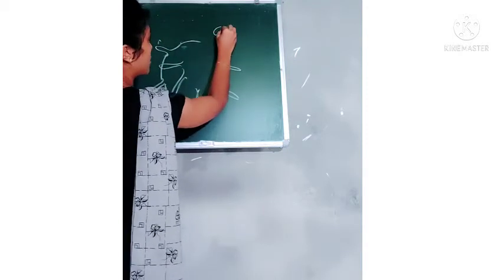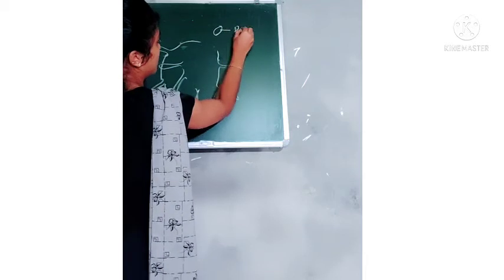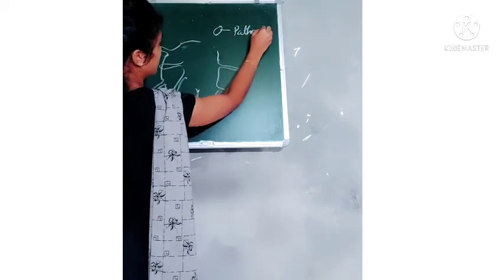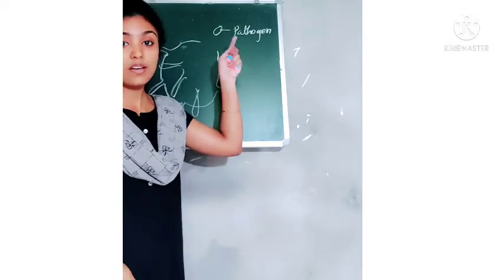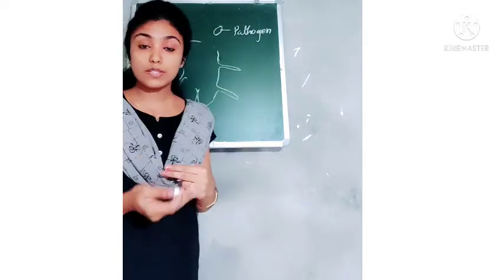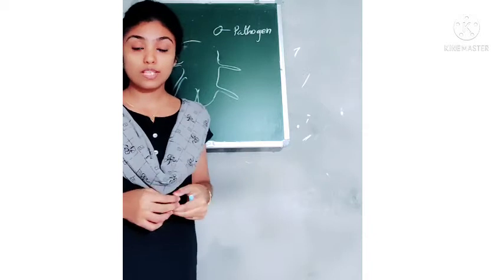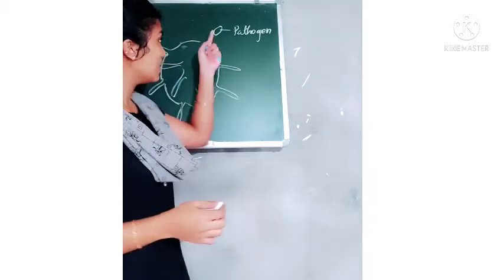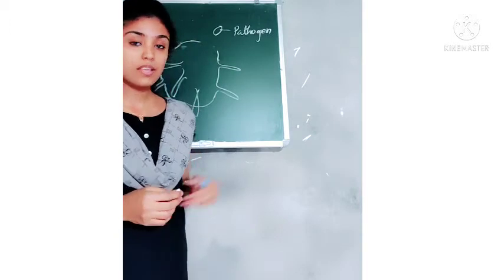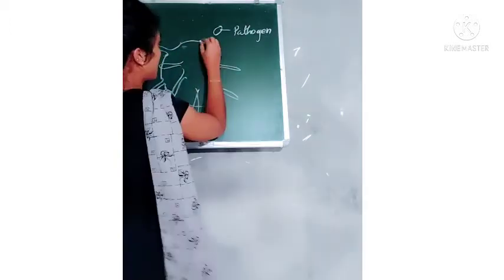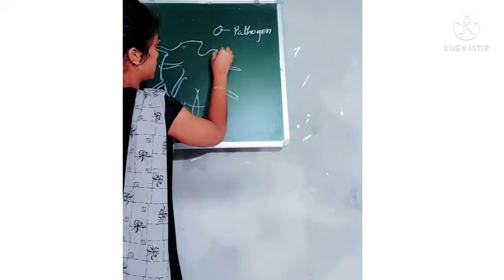When a pathogen, so this is a pathogen, reaches the wound site, or tries to enter through the wound sites into the body, the white blood cells engulf the pathogen.